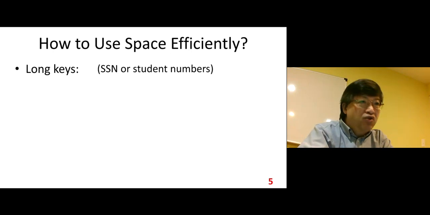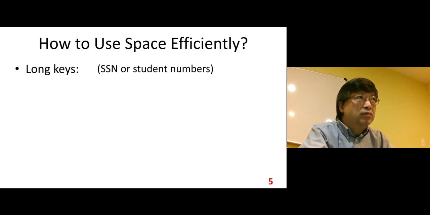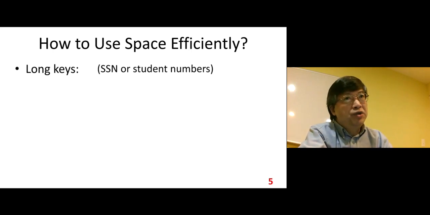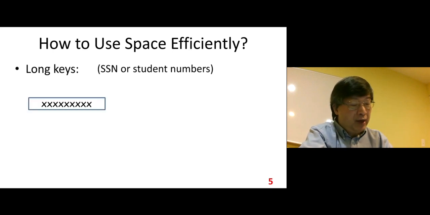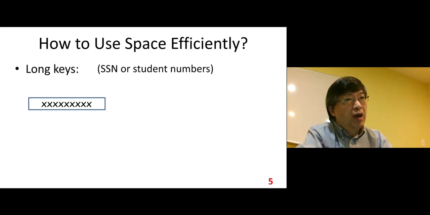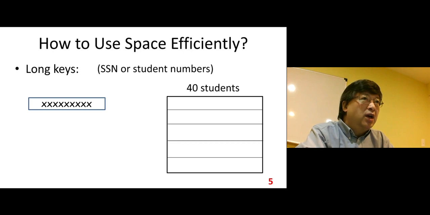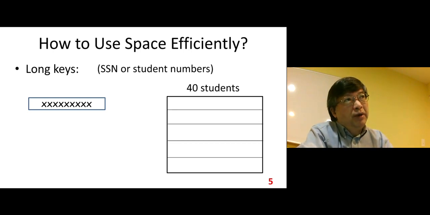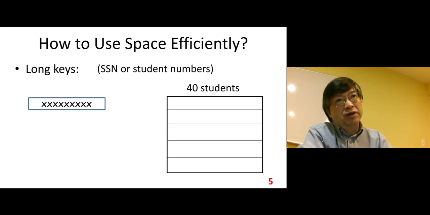That's why the number involved in your application, the data size here, is usually not very big. For example, the social security number for a student is long. But in a class, let's say we only have 40 students.